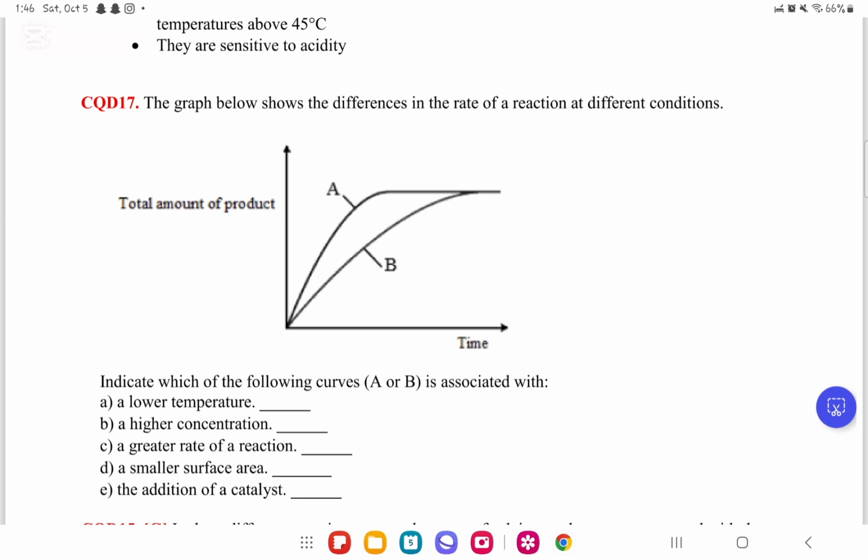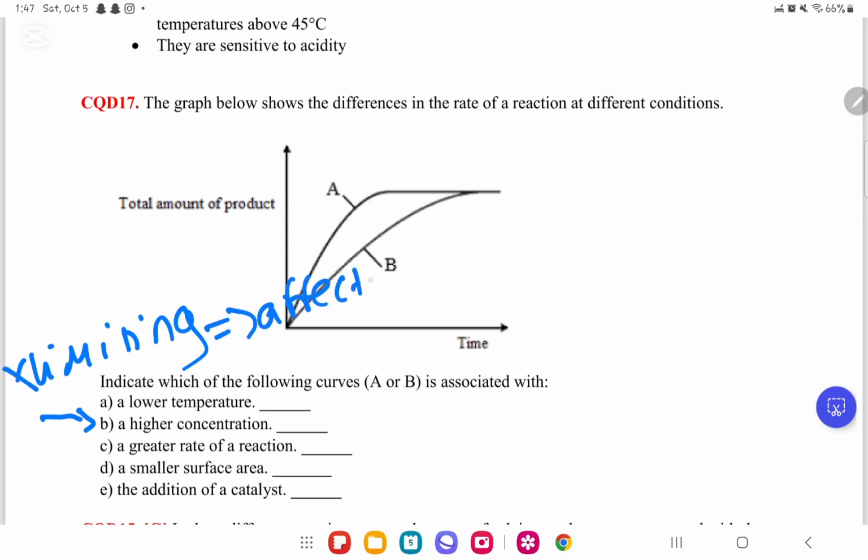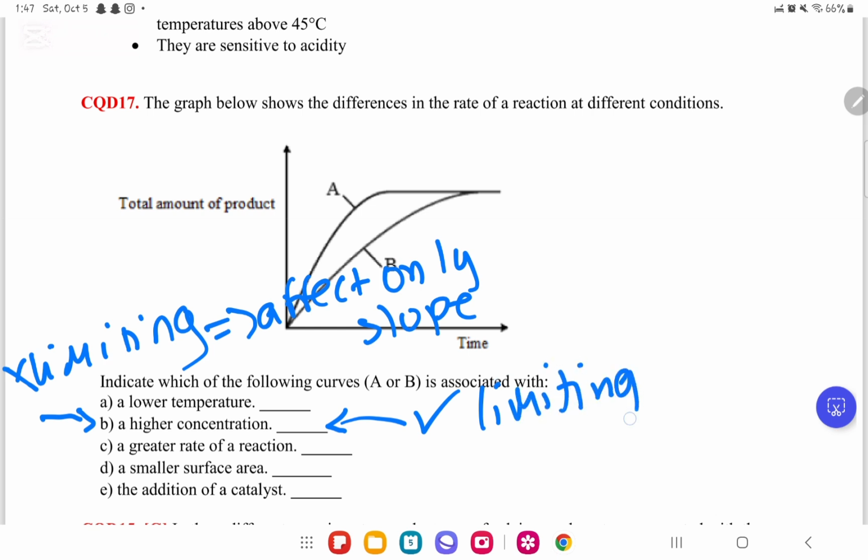Remember, we said sometimes the concentration, if it's not limiting, will affect only slope.